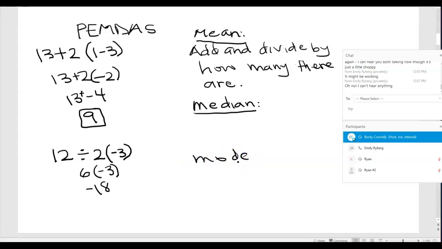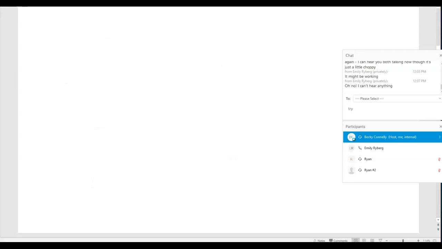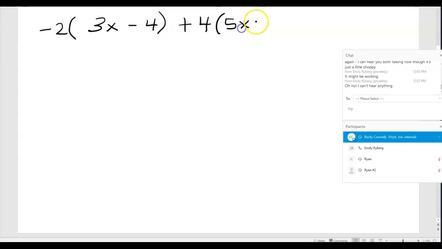All right. And then let's look at some simplify. So write this one down. If we have negative 2 parenthesis 3x minus 4 plus 4 parenthesis 5x plus 1.